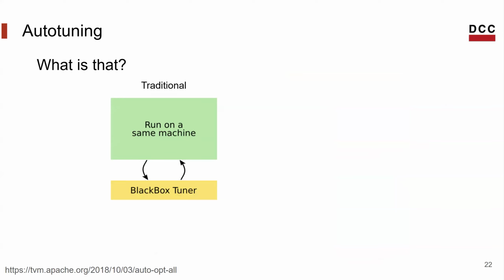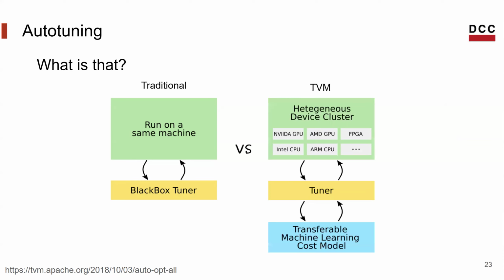The traditional auto-tuning is very simple. You get your kernel and the compiler optimizes it. And in the end, you have your code optimized on the same architecture. Examples of traditional auto-tuning can be GCC or Clang.